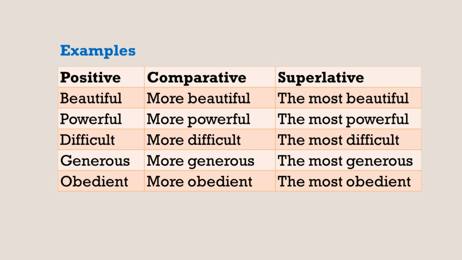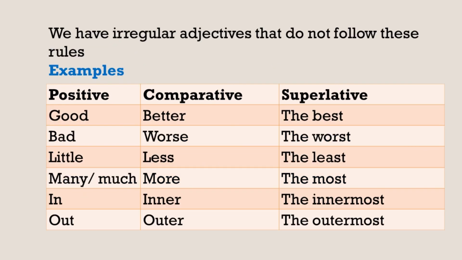In the comparative, we have more beautiful, more powerful, more difficult, more generous, and more obedient. In the superlative, we have the most beautiful, the most powerful, the most difficult, the most generous, and the most obedient.